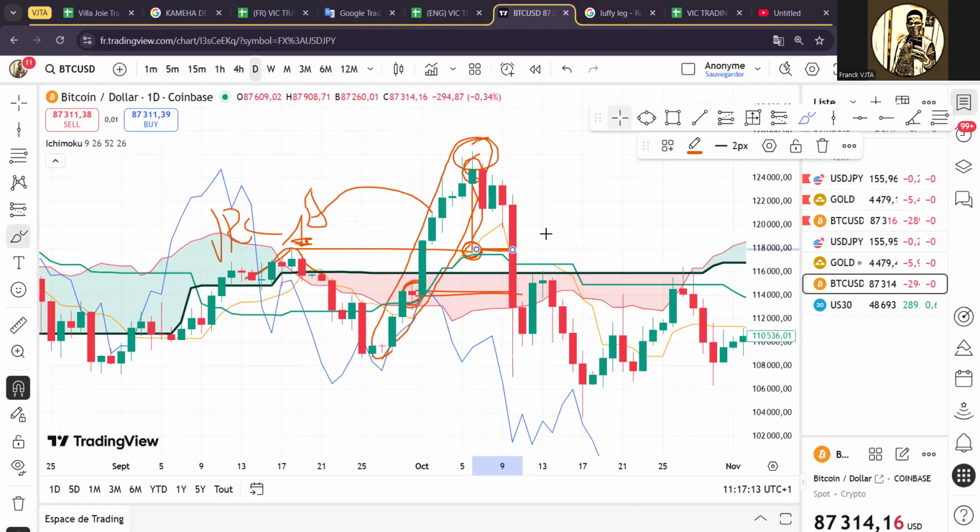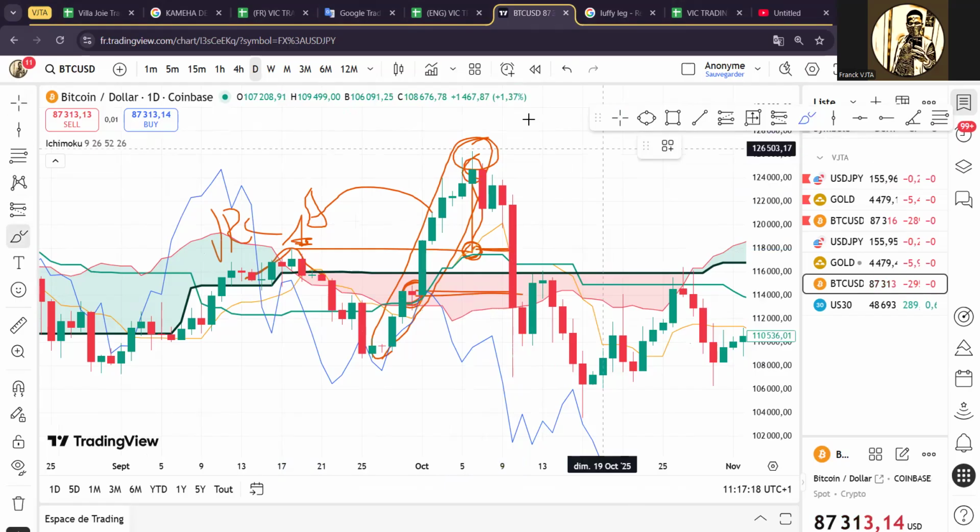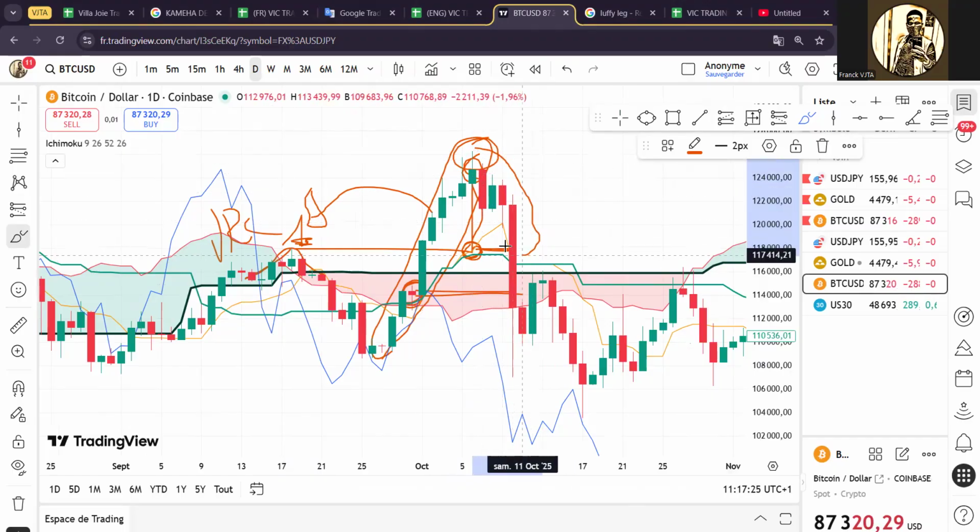So what you need to do is do your prediction on daily by placing the minimum reversal, which will reach the number one place of the Luffy leg that we mark. The second one will be this red candle here, right?